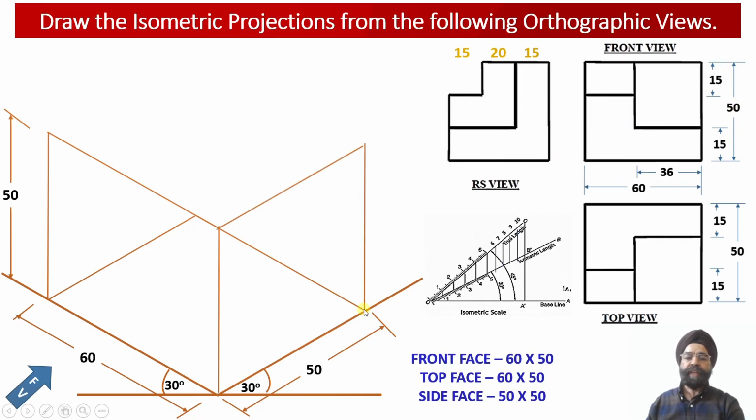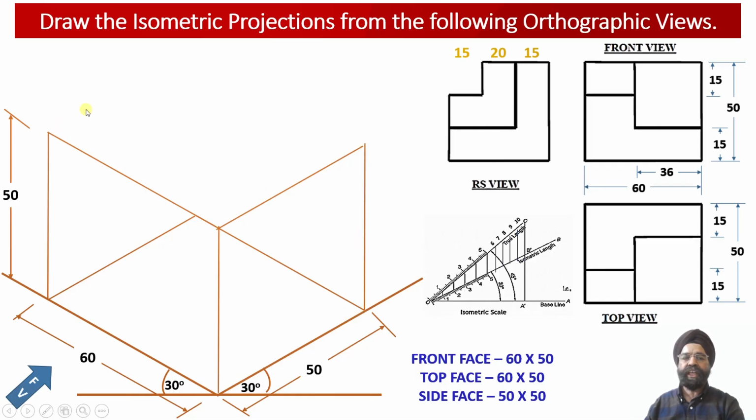From this point again we draw an isometric projector measuring 50 millimeter, parallel to the y-axis. Another isometric edge we have drawn measures 50 millimeter and is parallel to the z-axis. This way the right hand side view face of the solid has also been completed.